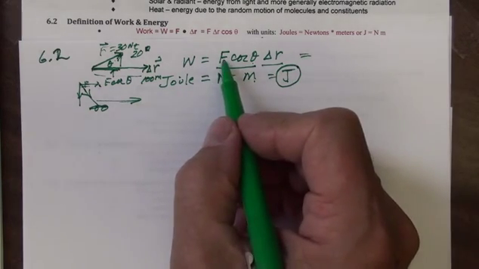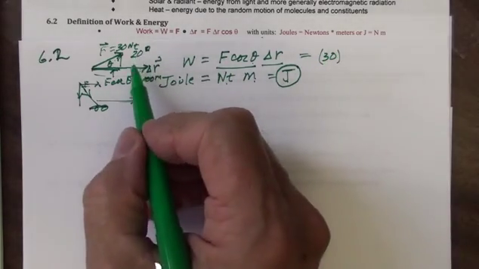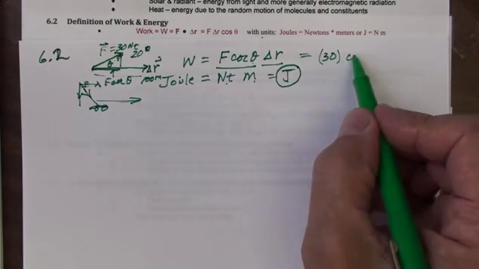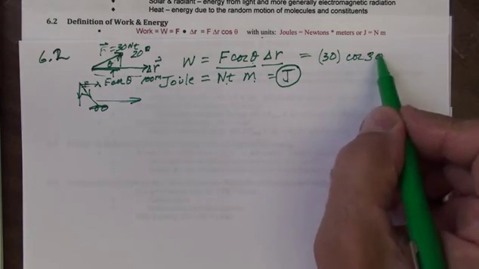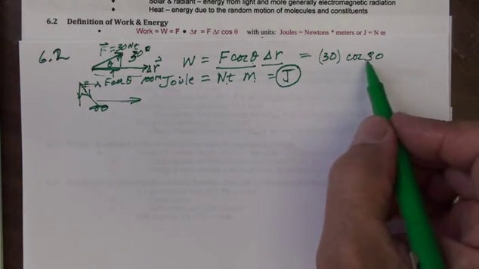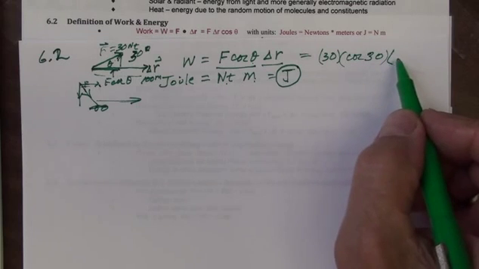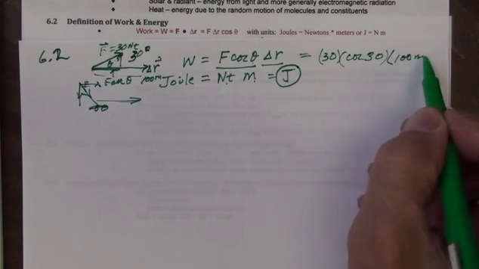Well, our work is going to be our force, which is going to be 30 newtons, times the cosine of the angle, cosine of 30. I'll put 20 there. Let's put 30. Then it'll be easy to calculate. Cosine of 30 times the distance I go, which is 100 meters.